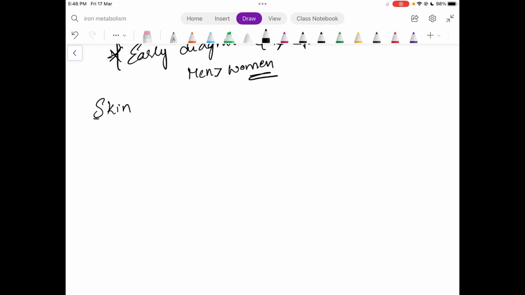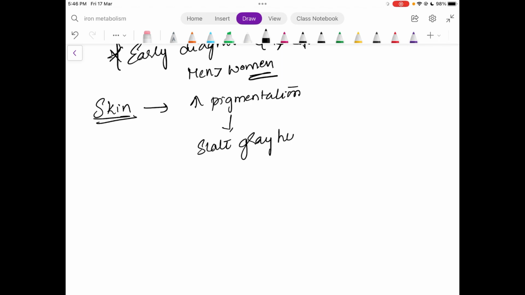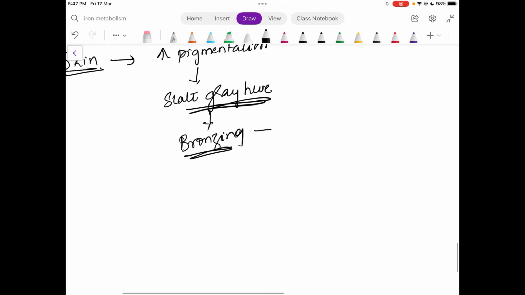Then skin. What will happen in skin? There will be increased pigmentation, which is like a slate gray hue color to the skin, and this is called bronzing. Why does this bronzing occur? This is due to increased melanin and iron.